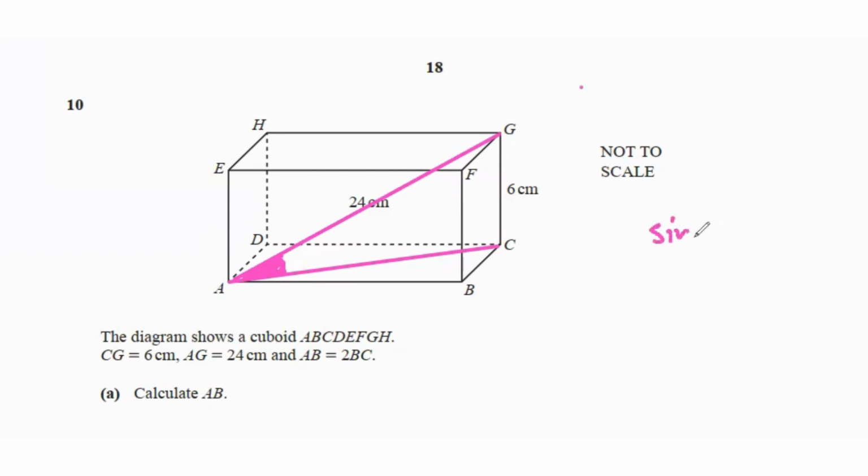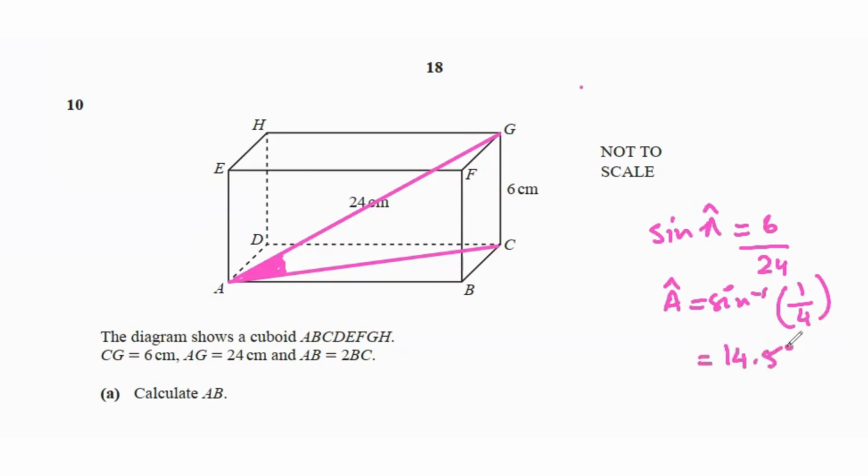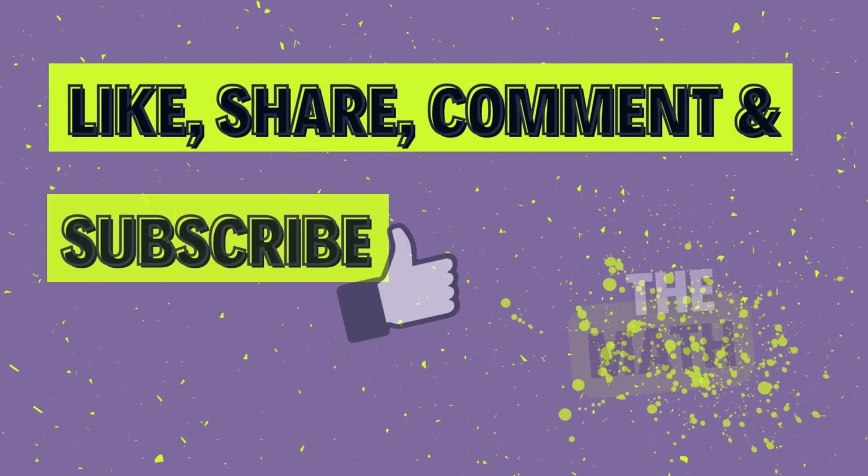So sine of angle A is going to be 6 over 24. So angle A is going to be sine inverse of 1 over 4 because 6 divided by 24 is 1 over 4. That is going to equal 14.5 degrees.